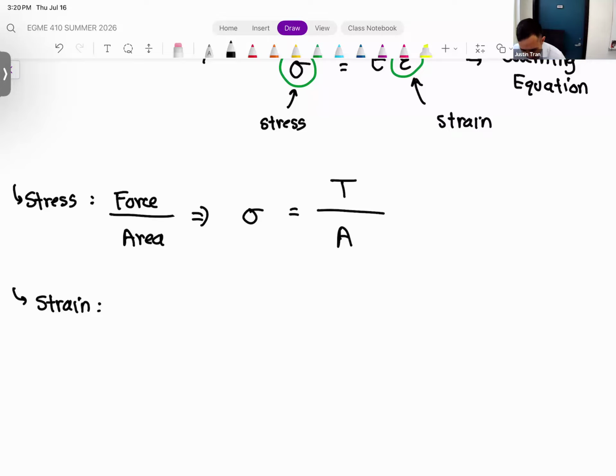For a one-dimensional system like this, which can only change in length, the strain, which is a non-dimensional quantity, is the change in length of our structure divided by the original length. Our strain represents the relative amount of deformation that we're having. So change in length divided by length.